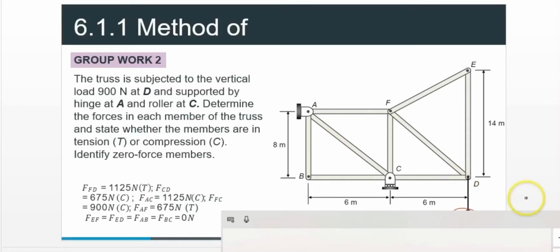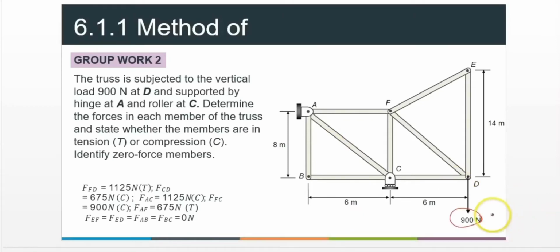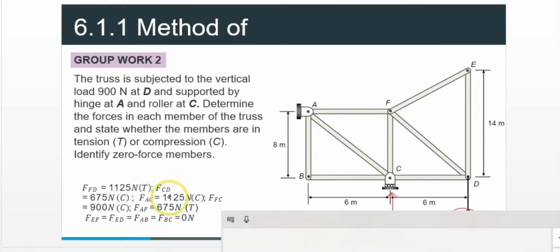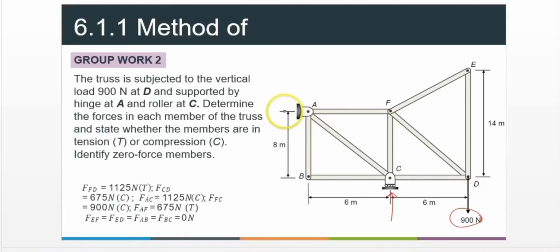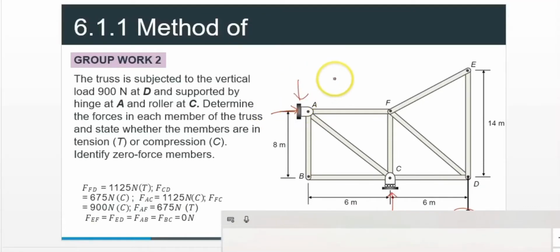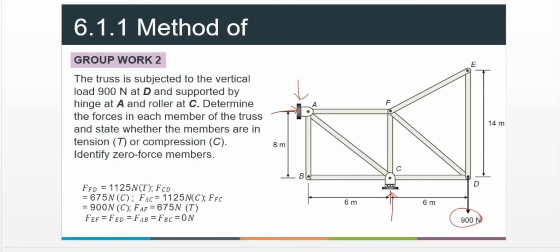Right, so please remember ya, kalau dia tak boleh bergerak in X and Y axis, that means akan ada dua reaction force in terms of X axis and Y axis. So ini saya tulis terus, which ada satu je reaction dia. Untuk this one akan ada dua reaction at the point A. Right, tu je calculation dia similar macam example which I already shown you previously.